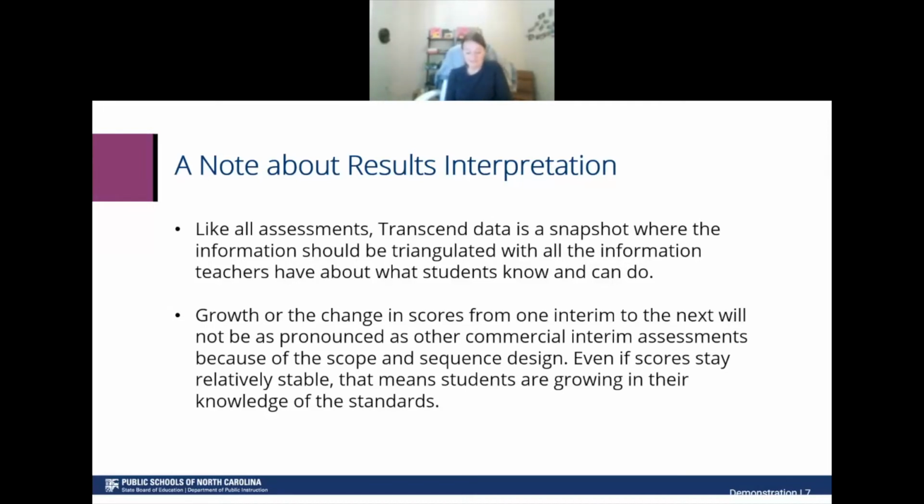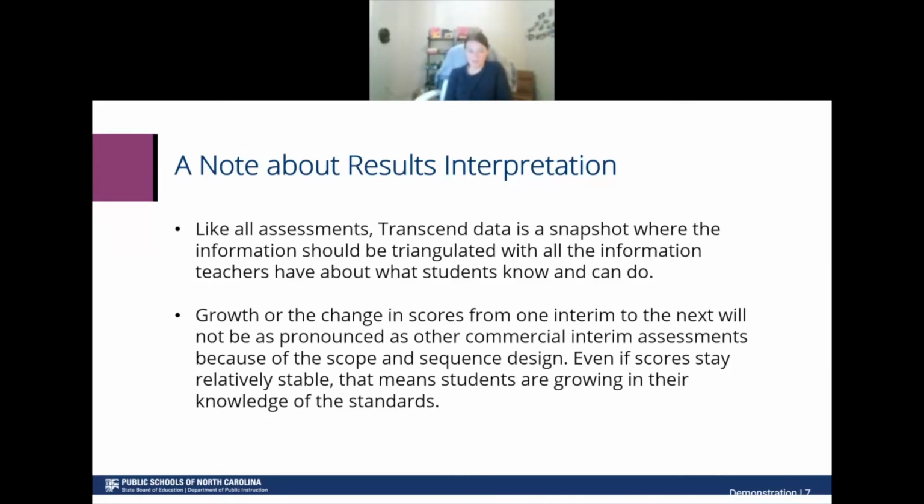If I use the same blueprint 3 times a year, students have really only been taught maybe a third of the standards they've received in the test. As a result, as you test with those additional assessments, you will see greater growth because the student did not have the opportunity to learn based on that first one.